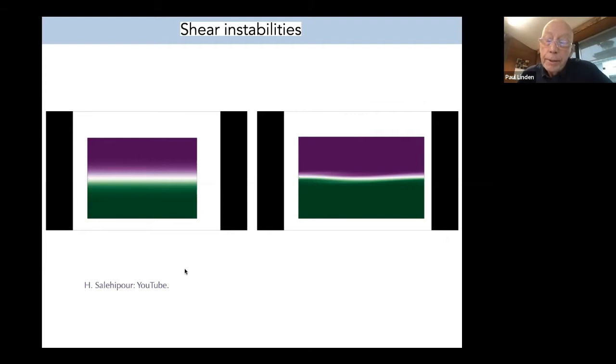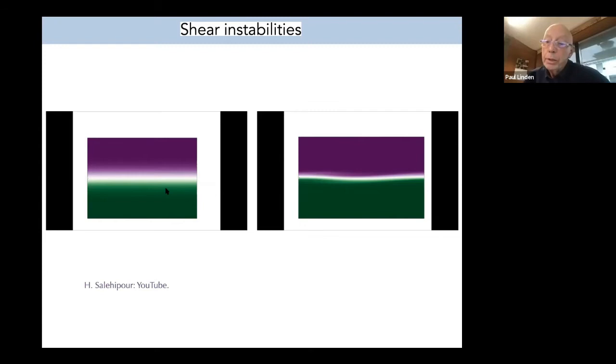So initially, the flow is set up with a velocity difference between the two layers. And what you can see here is a representation of the stratification. So the green is dense and the purple is less dense. And this transition here represents the transition from the green to the purple. So there's a change in density as you go across this region.